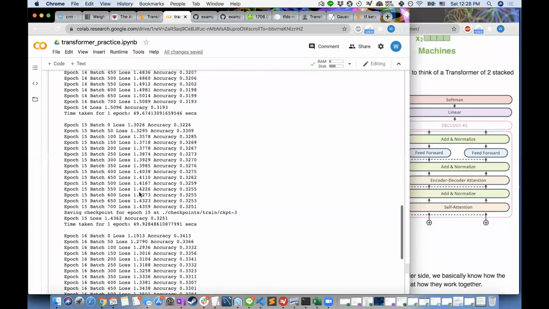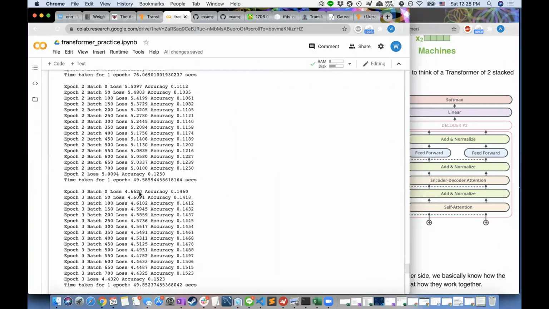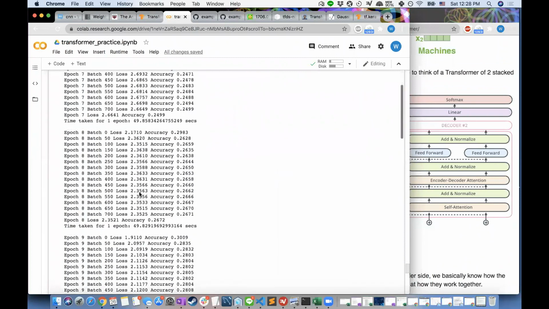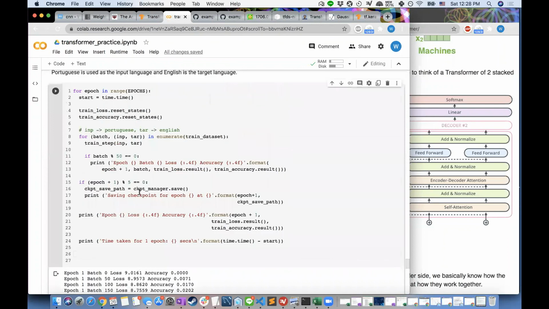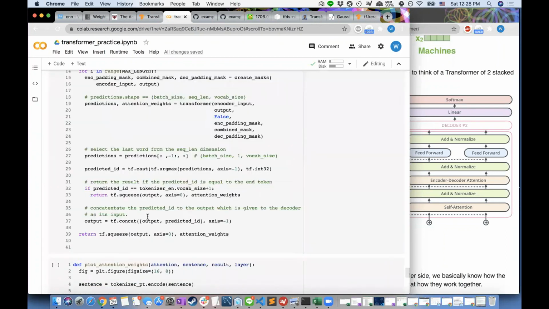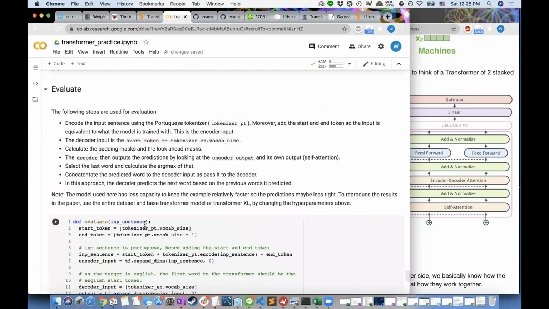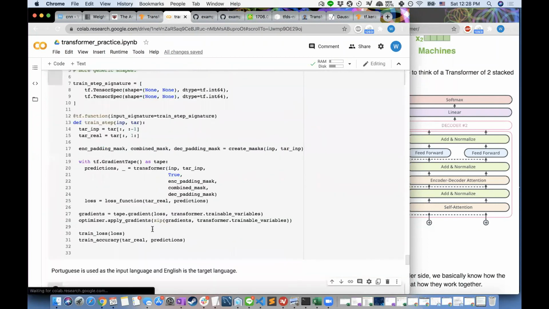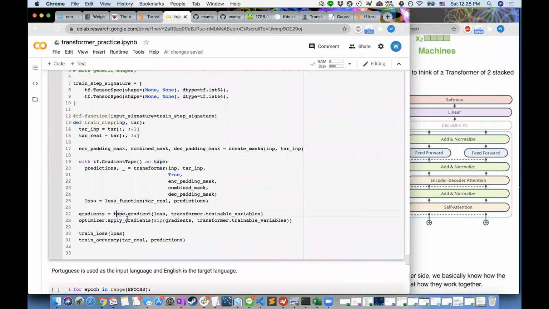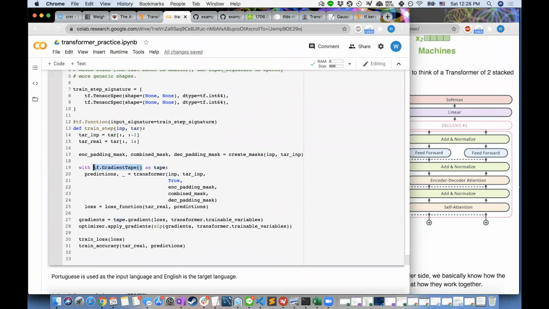Okay, that's it. Hey, Wenchang, last question. Do you know what the gradient tape is? I haven't come across that before. Gradient tape, it's here, line 19. It's just tf.GradientTape. Let's look it up.